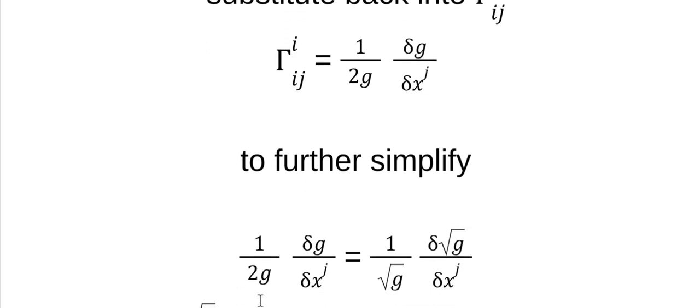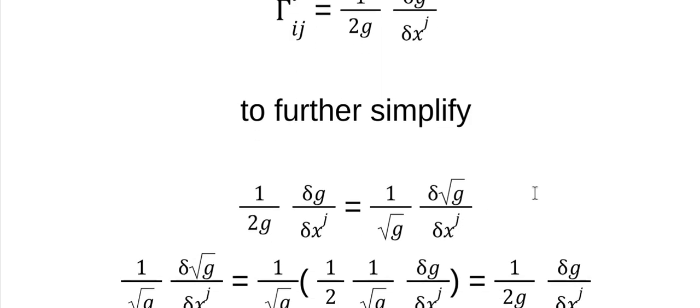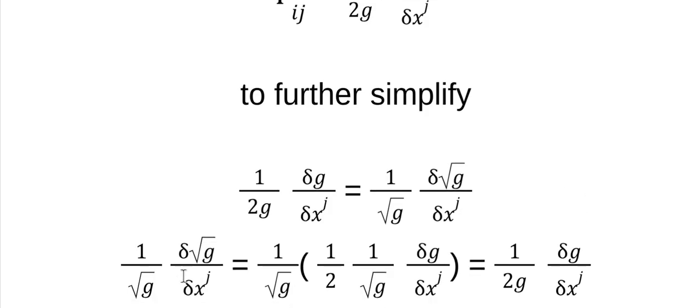So to further simplify, we can say that what we have here is equal to 1 over the square root of g times the partial derivative of the square root of g with respect to the same coordinate. Okay. And now let's prove that real quick. What's the derivative of the square root of g with respect to a coordinate?